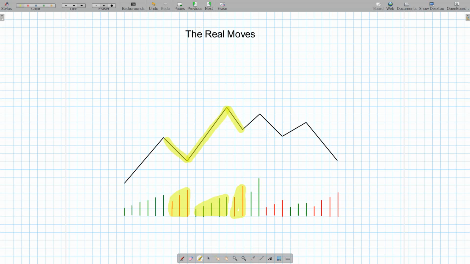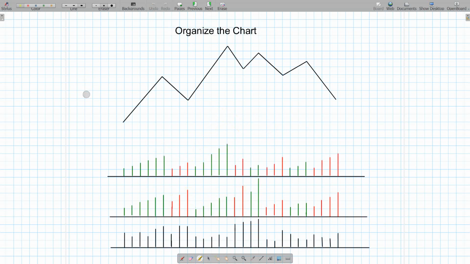So in order to get more assistance, I have created another indicator which is called Hiep Wave. Come on, I cannot write, so I better use the keyboard or something.